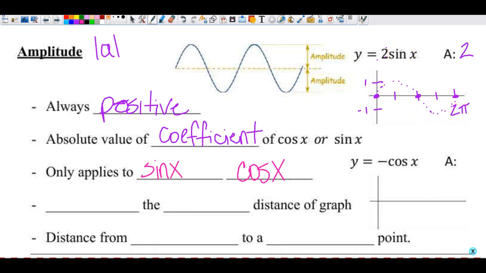And right now our vertical distance from the midline, which happens to be the axis, to the maximum, that's just 1. But the actual amplitude, because this is the parent function, is half the vertical distance of the graph.